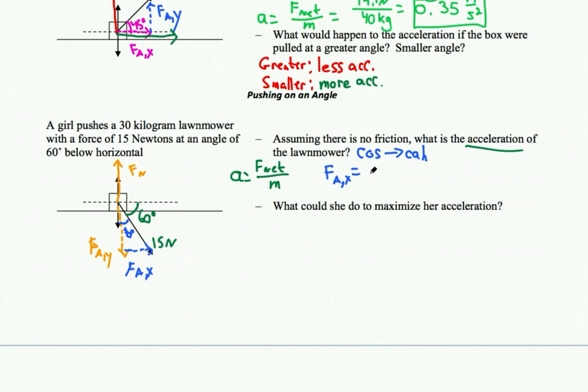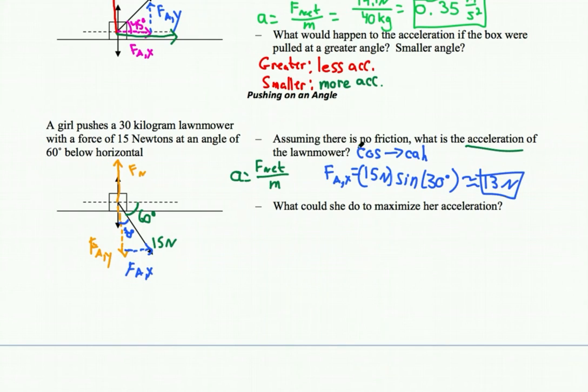So we actually need to do sine to get the x component when we've got this applied force going downwards below the horizontal. So I've got the 15 newton magnitude, and then I need to do sine of 30 degrees, because that's the angle in my triangle there. And that works out to, let's see, right around 13 newtons for our net force.